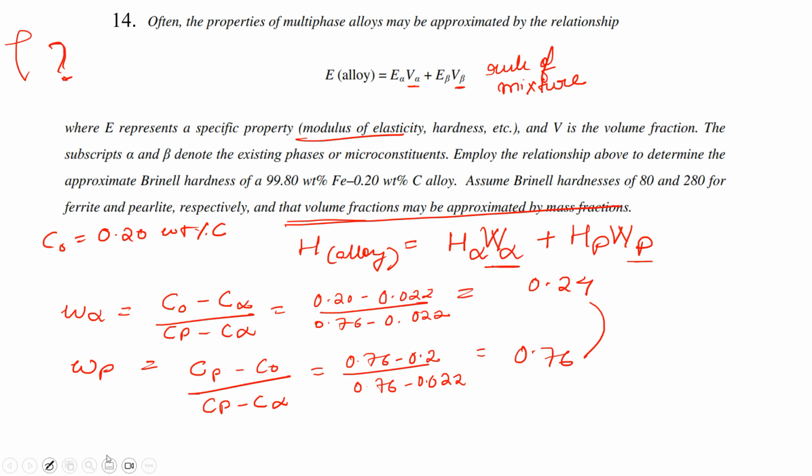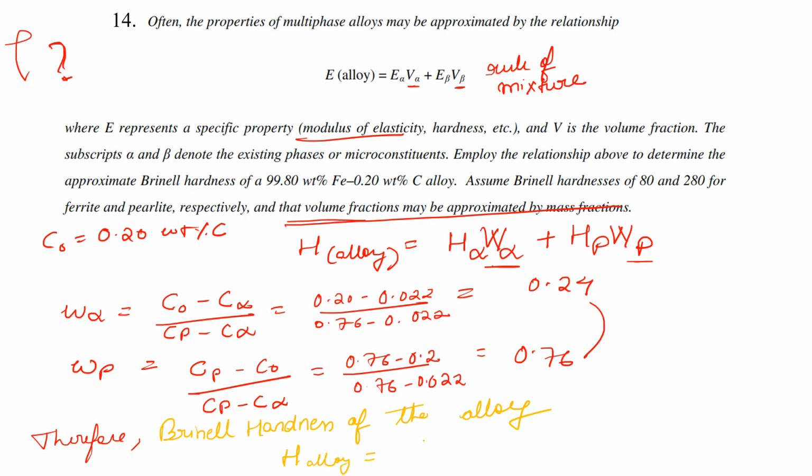Therefore, the hardness of the alloy can be given as H alloy is equal to the hardness of 80 for ferrite, so 80 times 0.76, plus 280 times, so sorry, I think I mismatched it. 0.24 is alpha.